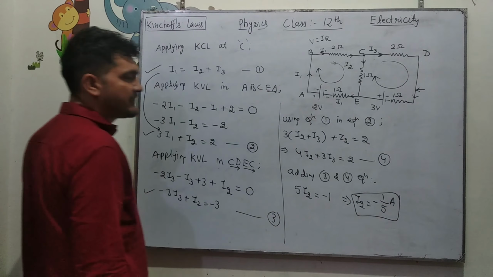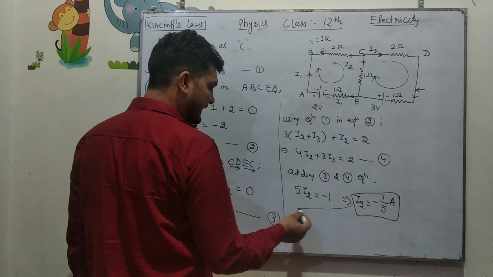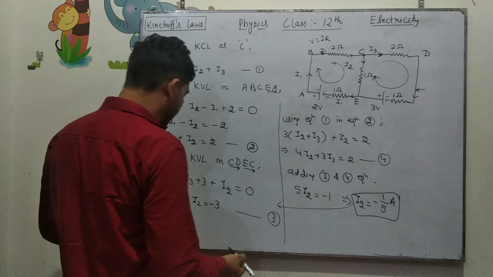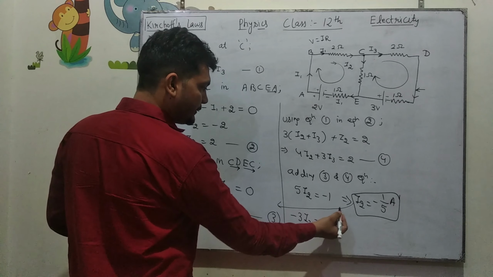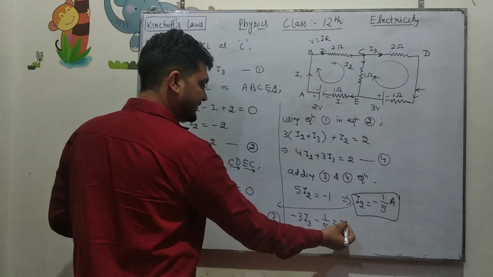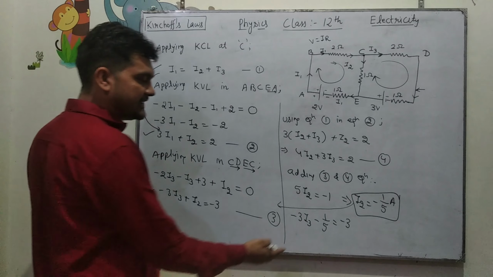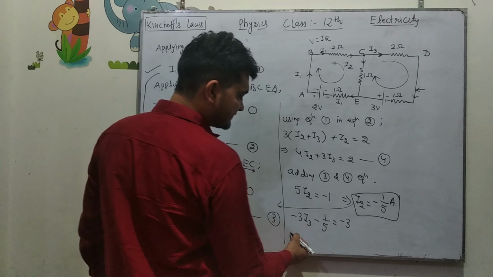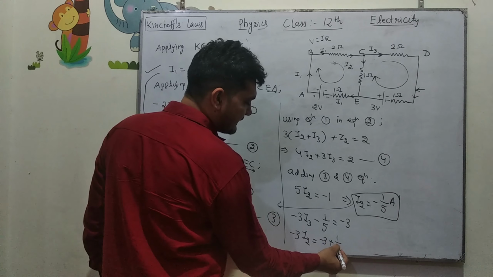Now you use the value of I2 in equation number 3, then you can get the value of I3. It is minus 3I3 plus I2, with I2 being minus 1 upon 5, is equal to minus 3. You put the value of I2 here. Now you can obtain the value of I3 from this equation. Upon solving, you get minus 3I3 is equal to minus 3 plus 1 by 5.